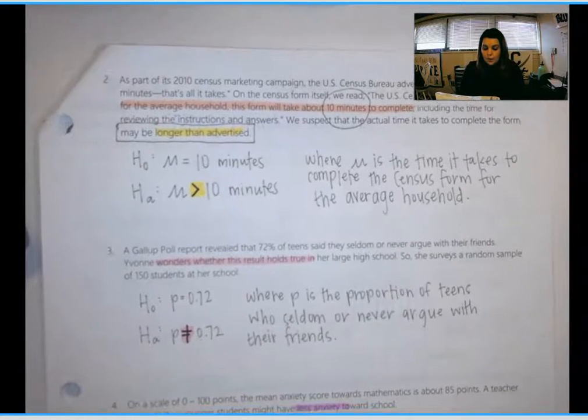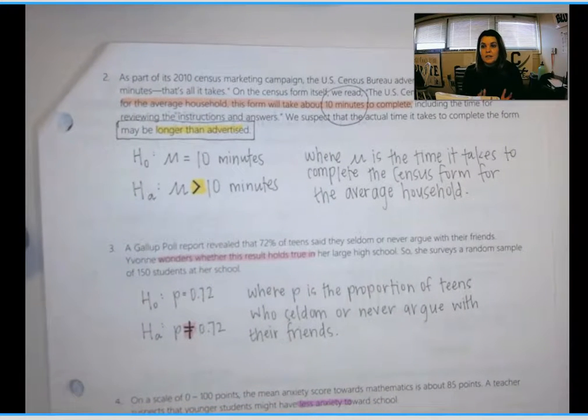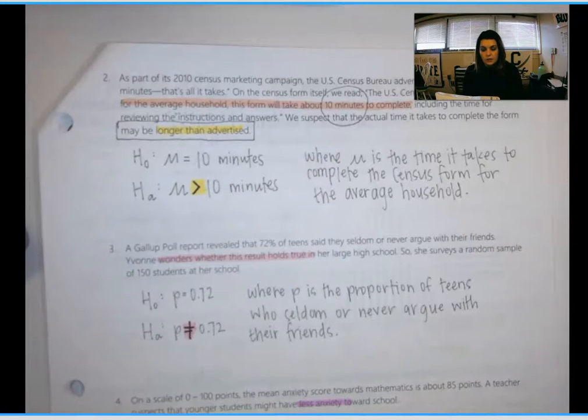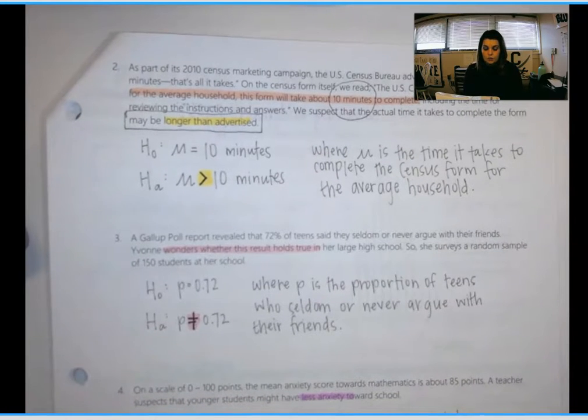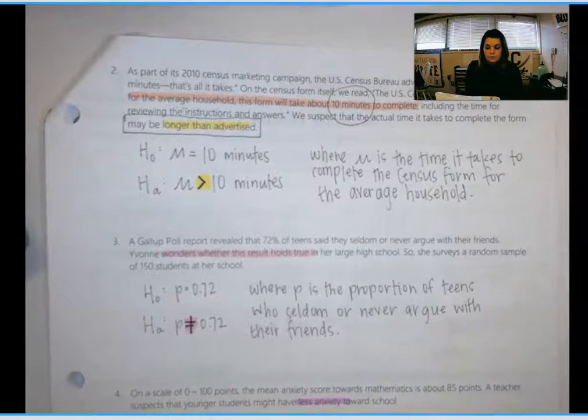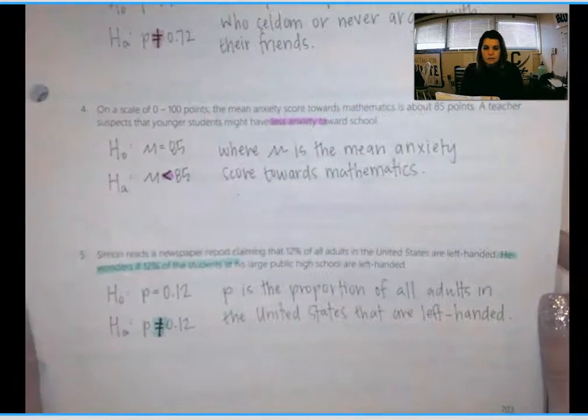So when you're stating your hypotheses, the best advice I can give you is just to do the best you can and include what you think is important. If yours is slightly different than mine, you're probably okay, but you want it to match pretty closely. So that's the first two. And then this is the last two.